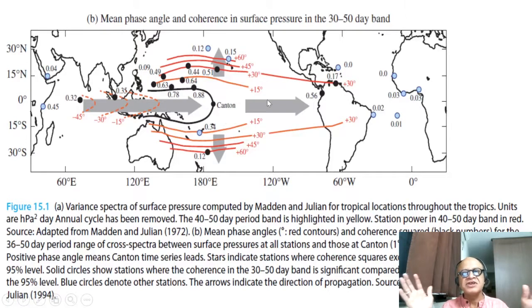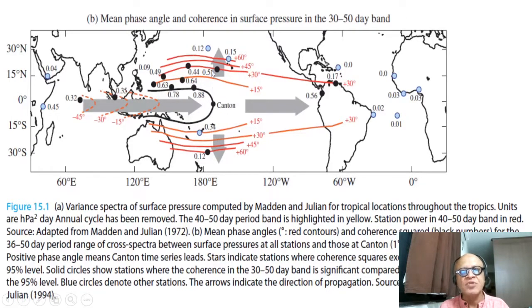So it's very tempting to think with those schematics we always see about the convection propagating eastward, that maybe this is some kind of a longitudinal vertical two-dimensional structure, but actually it has quite a bit of meridional structure as well. These are the phase angles, mean phase angles with respect to the Canton Island, and when it's dashed lines, Canton is lagging, and when they are solid lines, then Canton time series is leading.